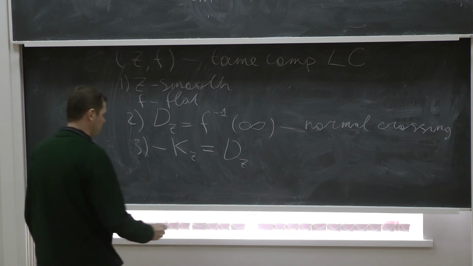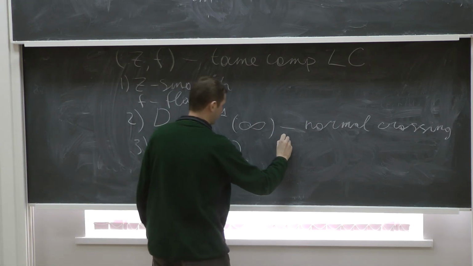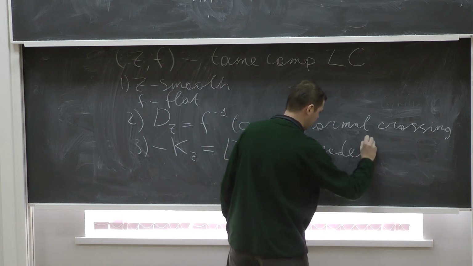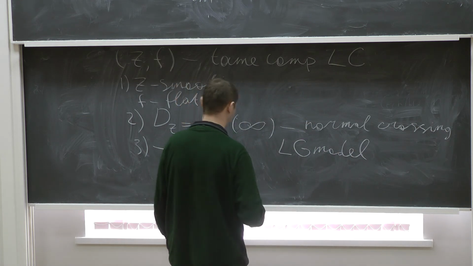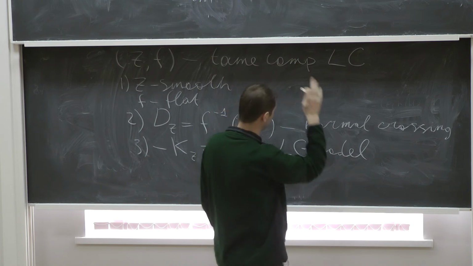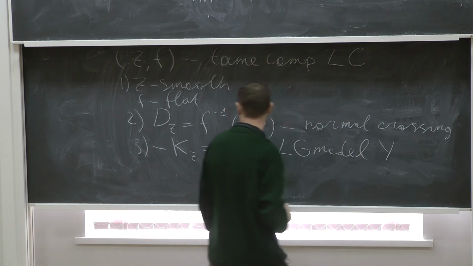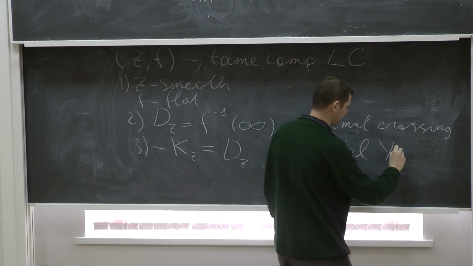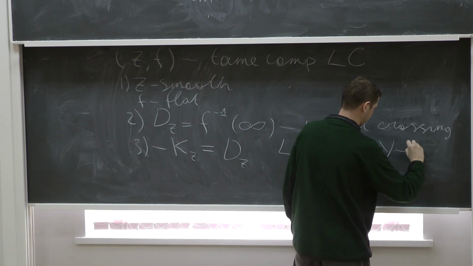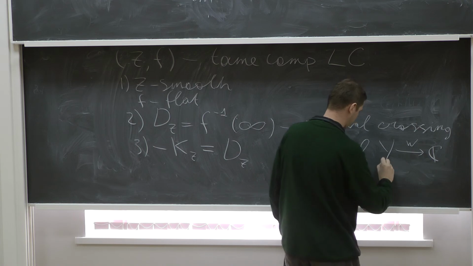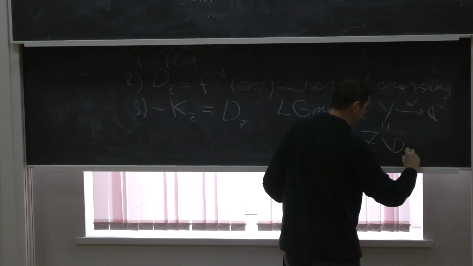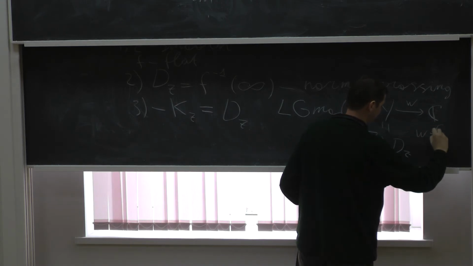And the Landau-Ginzburg model, just not compactified, which corresponds to X, our Y, is obtained by throwing away this fiber over infinity. So Y, W to C, is just Z minus D_Z, and W is just f restricted to Y.